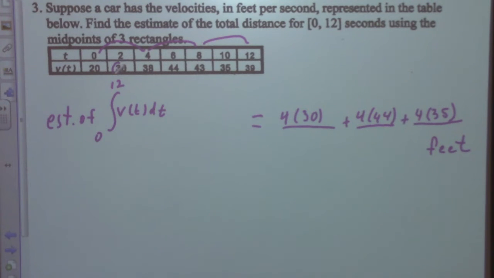Yes. The mid value for this first rectangle is going to be 30, and then of the second rectangle, the mid value is going to be 44, and of the last one, the mid value is going to be 35. Okay? That is some good work right there. Okay, very good.